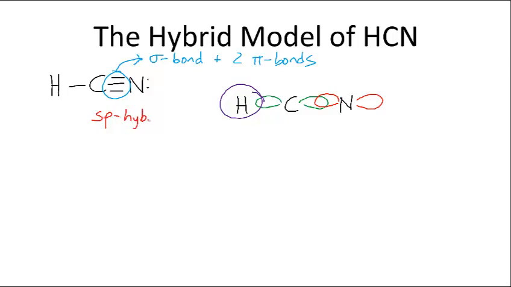So just like in C2H2, I have sigma bonds. I have a sigma bond between the carbon sp orbital plus the nitrogen sp orbital. I have a sigma bond between carbon and hydrogen.